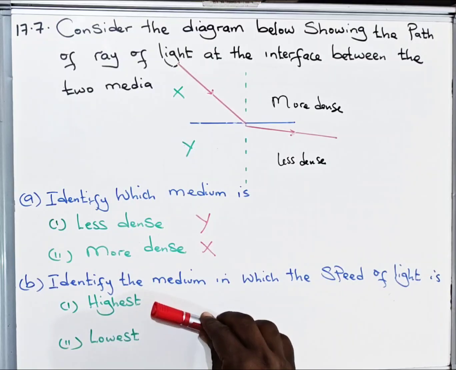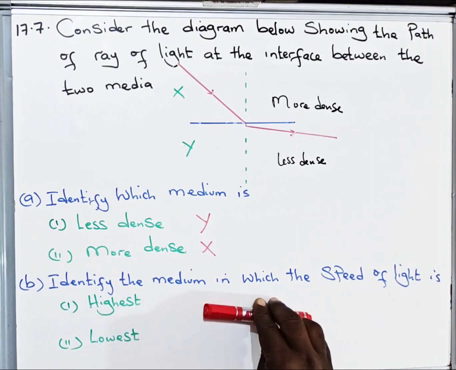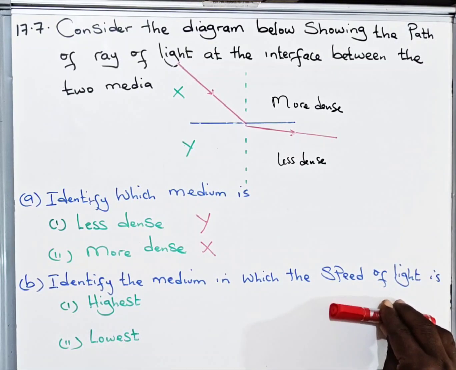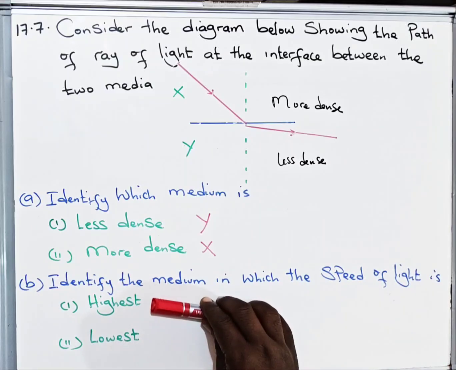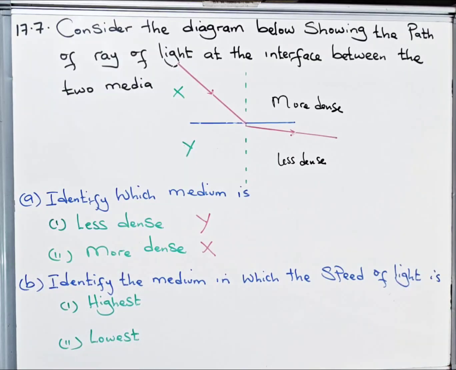It says, identify the medium in which the speed of light is highest. We need to know that the denser the medium, the less speed is the light, and the less dense the medium, the faster is the light.